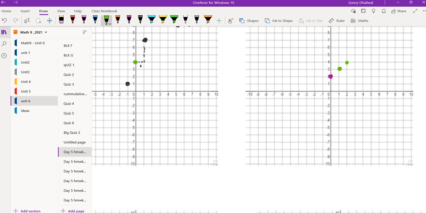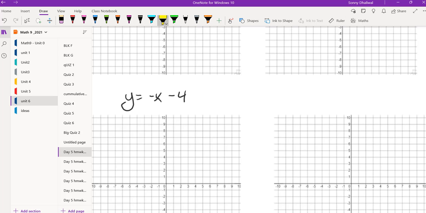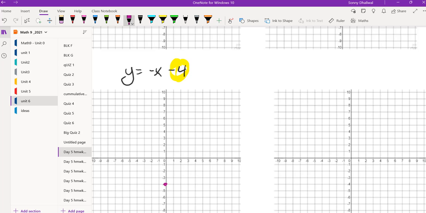Okay, what if I had that? So our starting point is -4. So I put a dot at -4. Now what's our rise and run? Oliver? -1. So that's only one number. Over 1.